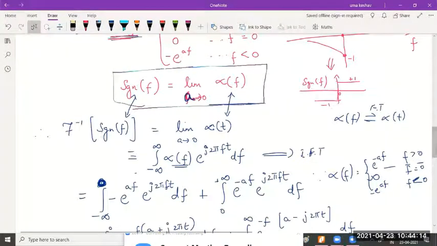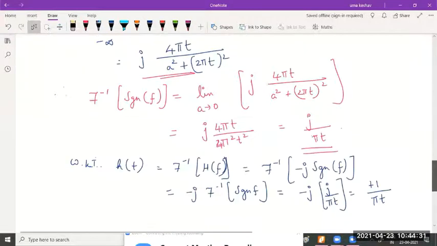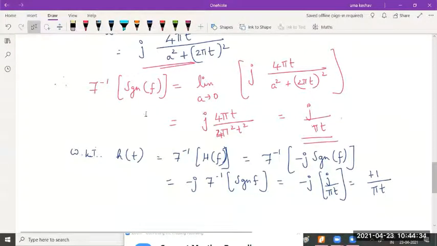And to find this, all I have done is I have used the IFT equation, and then I have integrated by parts, and I have taken the integration of these two and obtained the expression. And finally, I am trying to find the inverse Fourier transform of signum of f.